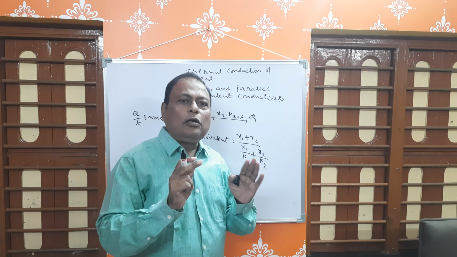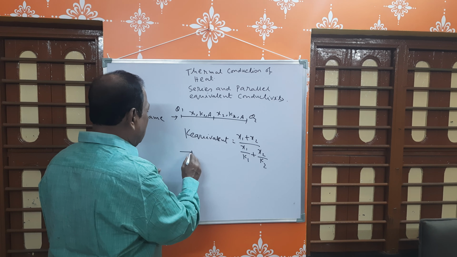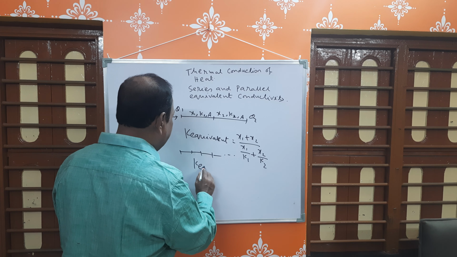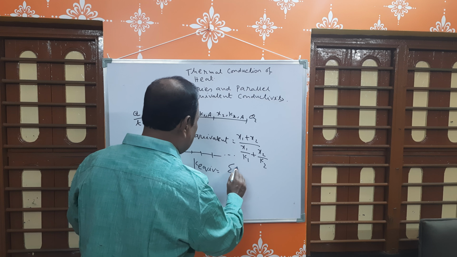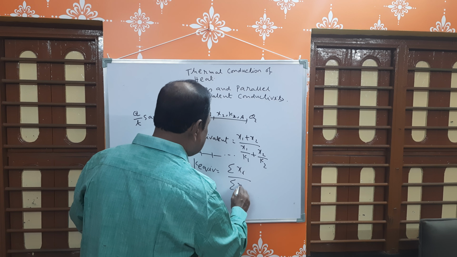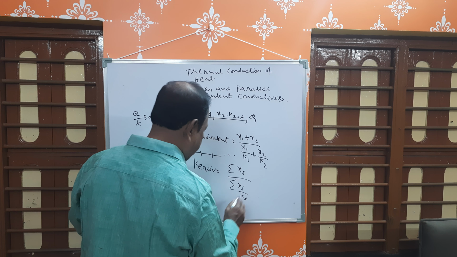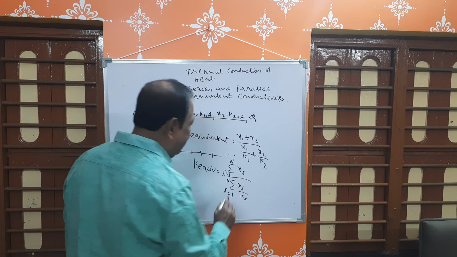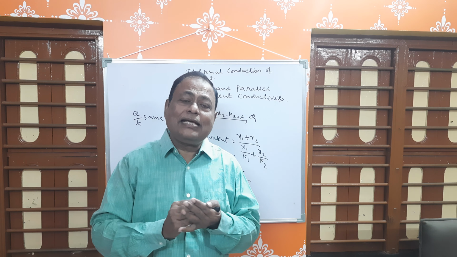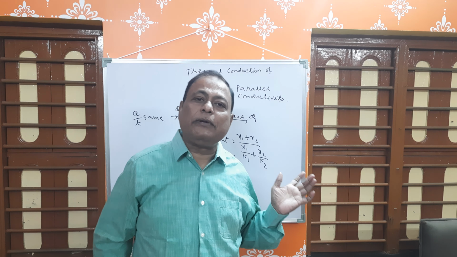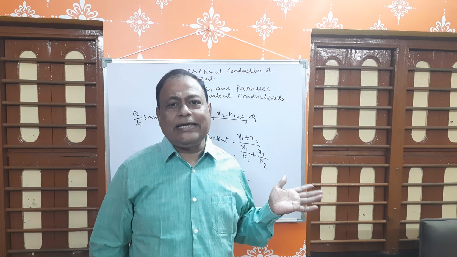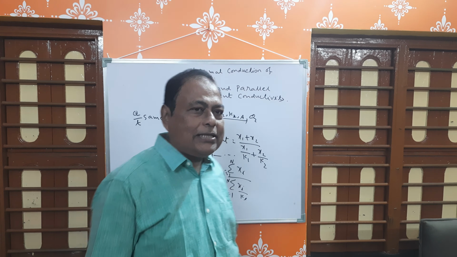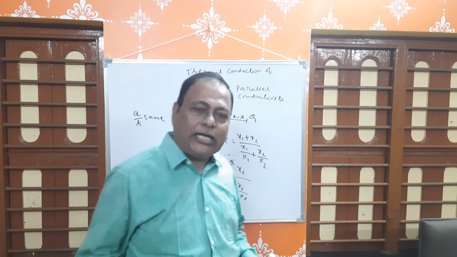So if I consider lots of rods, one rod, two rod, three rod, looking like this, then K equivalent is equal to summation over xi by summation over xi by ki, where i is equal to 1 to n, here also i is equal to 1 to n. That is for the n rods in series. The equivalent conductivity is this, and this formula is very helpful for doing the numericals for the JEE and NEET level. Now today I will similarly discuss the parallel equivalent conductivity.